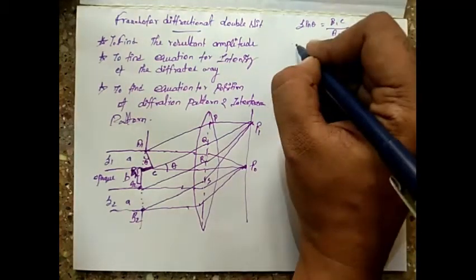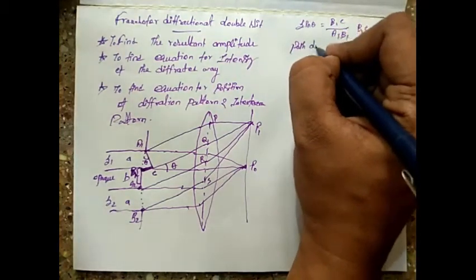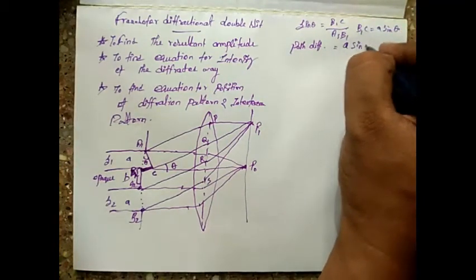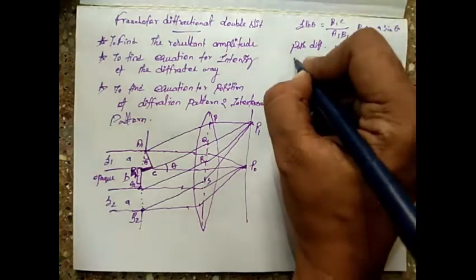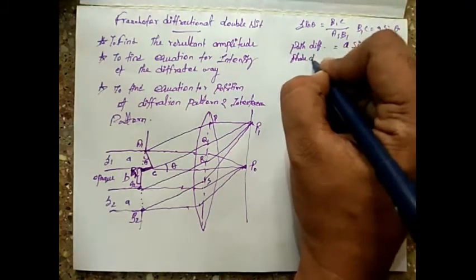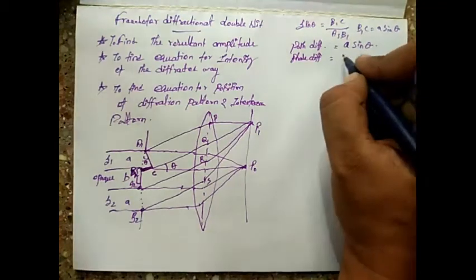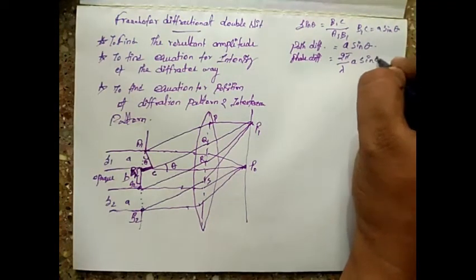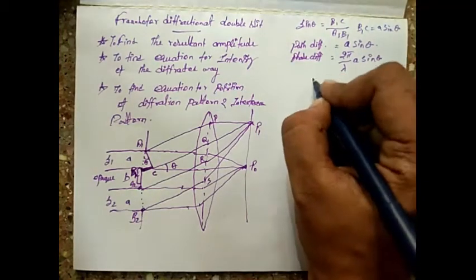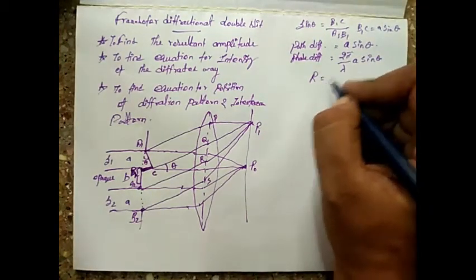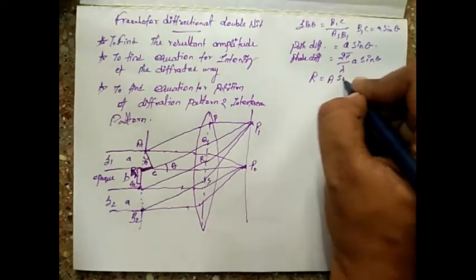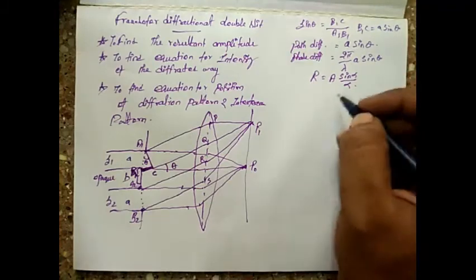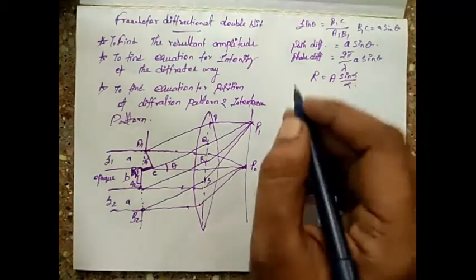So the path difference is A sin theta. The phase difference is 2 pi by lambda A sin theta. This is the condition for single slit. Similarly, the resultant amplitude, as we already discussed, is R equal to A sin alpha by alpha.